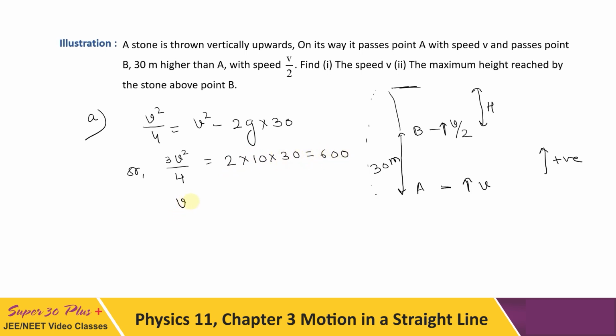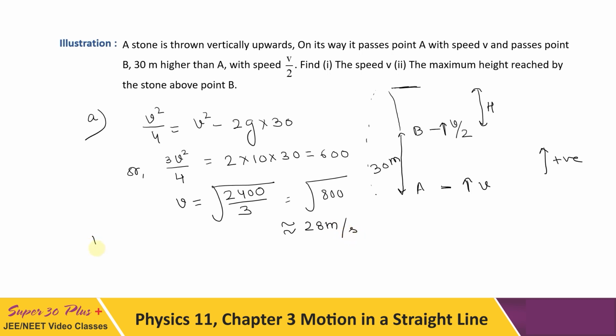So from here we can write v square is 2400 upon 3, and the square root of this is root under 800. Nearly it will come as 28 meter per second. So this is the speed v which we had to calculate.